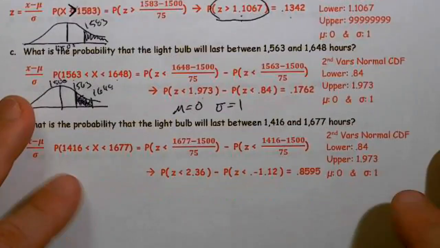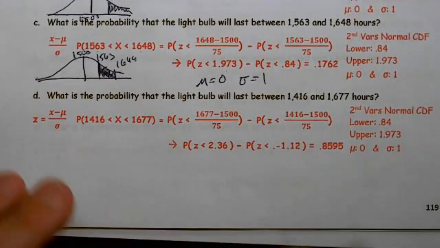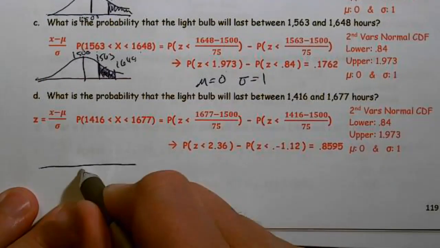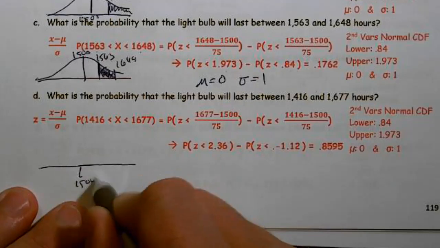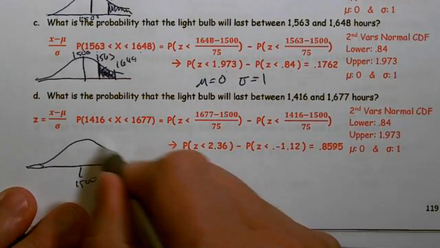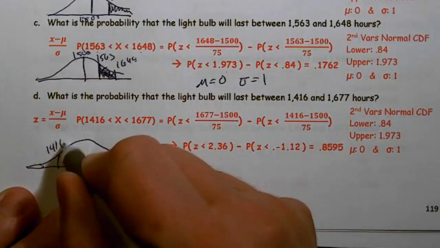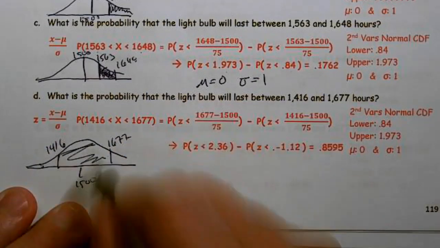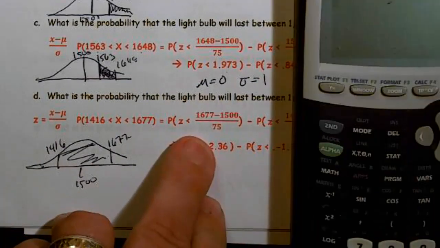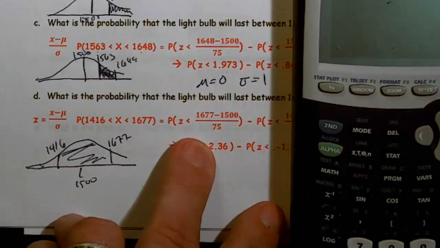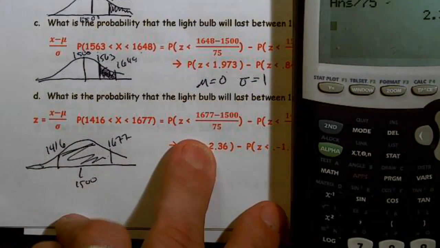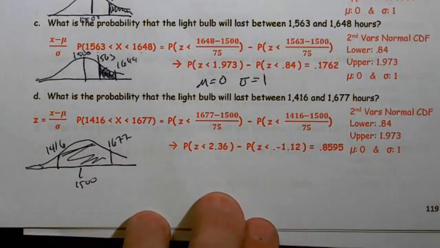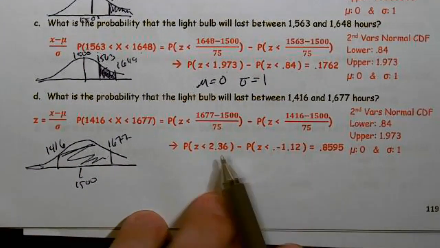What's the probability to last between 1,416 and 1,677? Well, here's our mean at 1,500. 1,416 is below it. 1,677 is above it. So this is what we're looking for. Once again, I calculate the individual z-scores. 1,677 minus the 1,500, divided by 75, is 2.36.